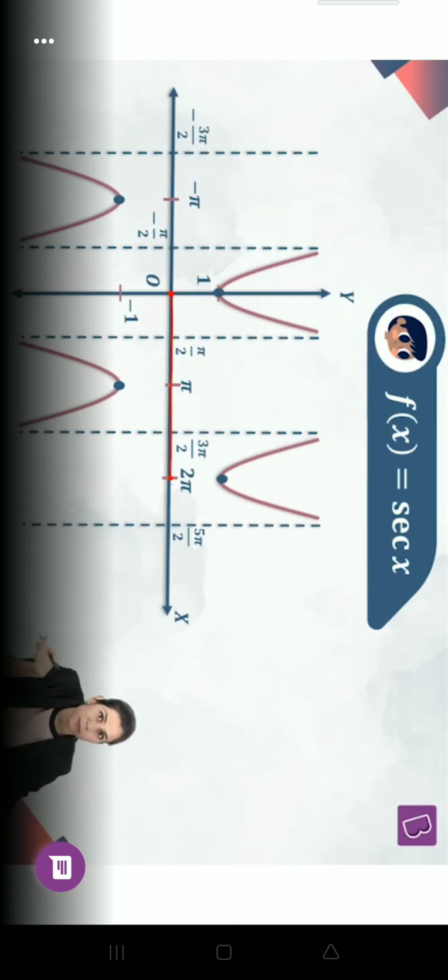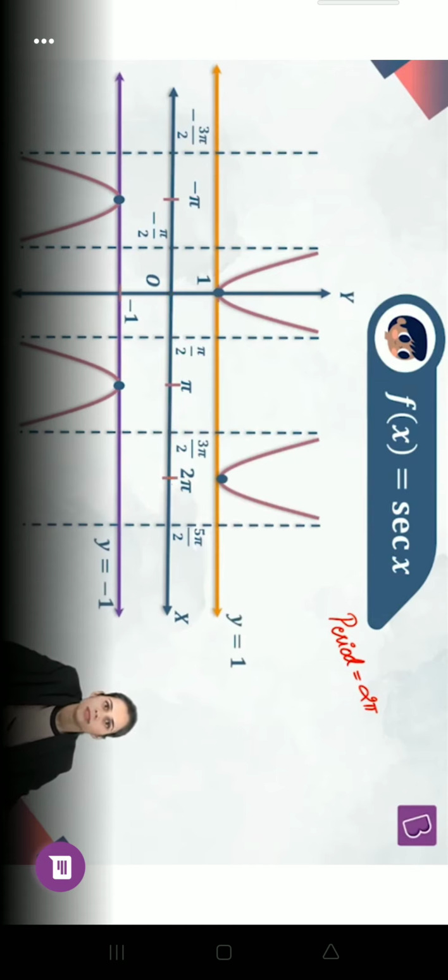In the interval minus pi to minus pi by 2, this was somewhat the graph of tan. So its reciprocal will have this graph. And similarly, in the interval pi by 2 to pi, this was somewhat the graph of tan, so its reciprocal will have this graph. Okay, when you keep on doing this, you get this to be the graph of the cot function.